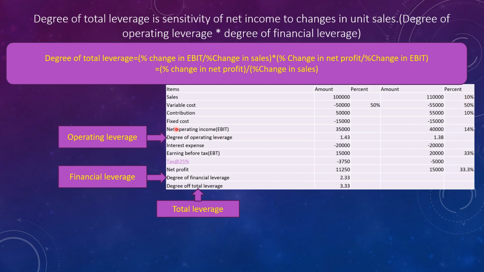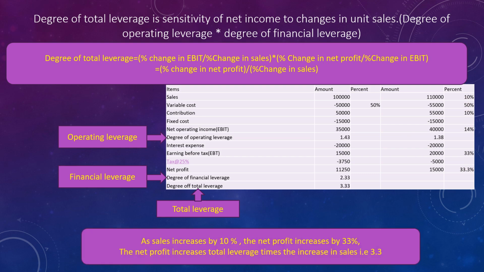So multiplying operating leverage into financial leverage, that is 1.43 into 2.33, gives 3.33, and the net profit is changing 33% for the 10%. As sales increase by 10%, the net profit increases by 33%. The net profit increases by the total leverage times the increase in sales, that is 3.33.